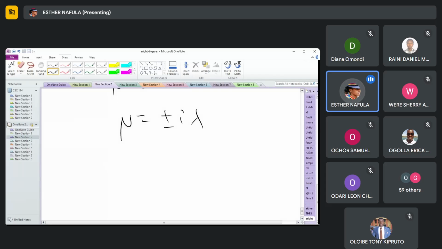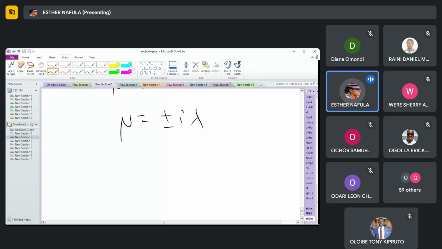If you're dealing with a case of complex roots, how does the general solution look? Remember, this is an ordinary differential equation in the variable theta.